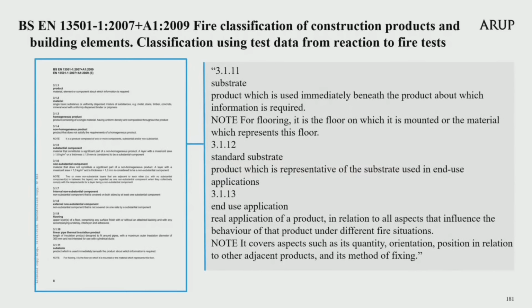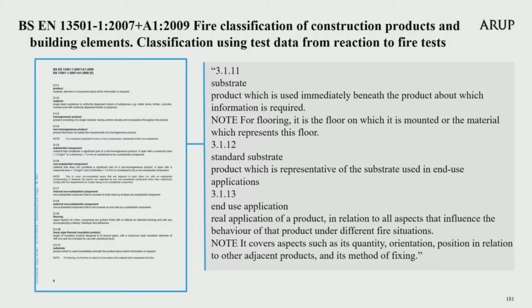I have excerpted some key definitions set out in the standard for substrate, standard substrate, and end-use application. It's important to understand those definitions. Substrate is a product which is used immediately beneath the product about which information is required.